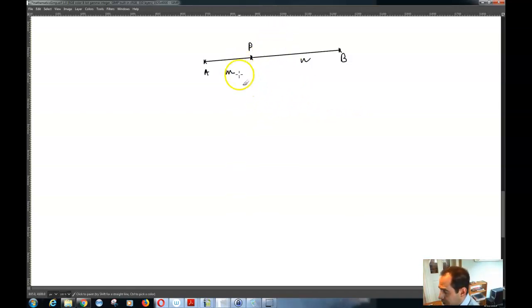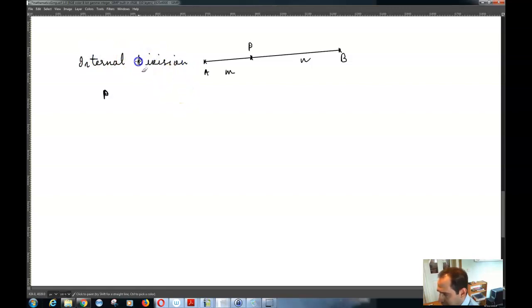There is a difference between when you say the point P. This is all about the point P dividing this line segment internally. So this is about internal division.